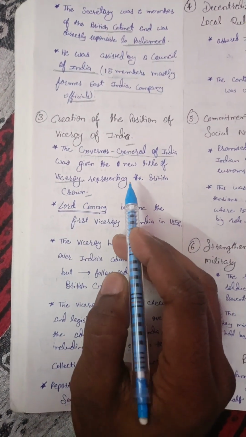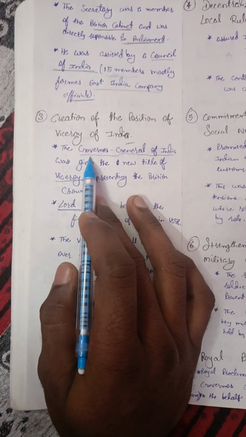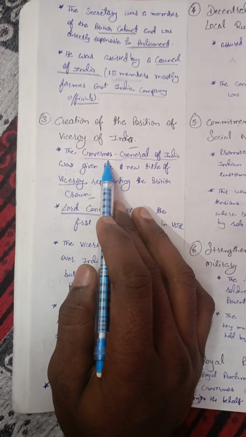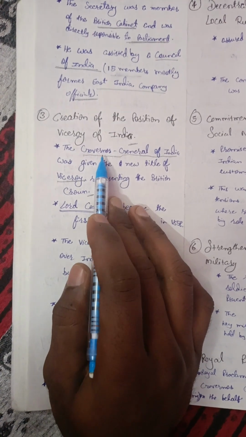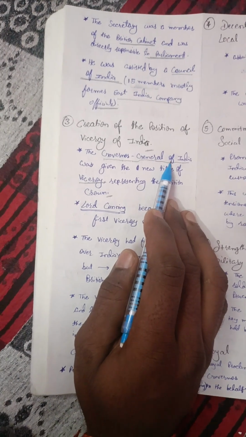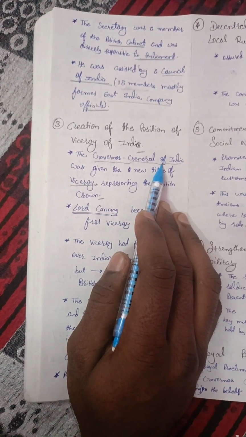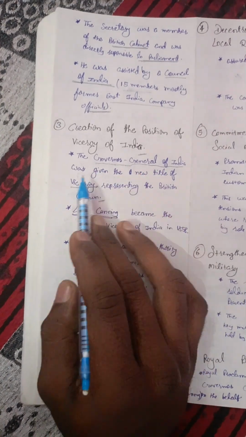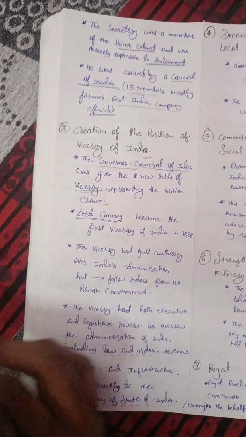The power was almost the same; the post of Governor General of India, which was given by the East India Company, was changed. Just the name was changed to Viceroy.